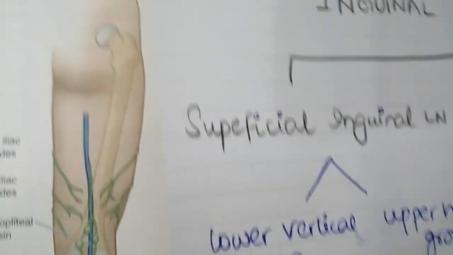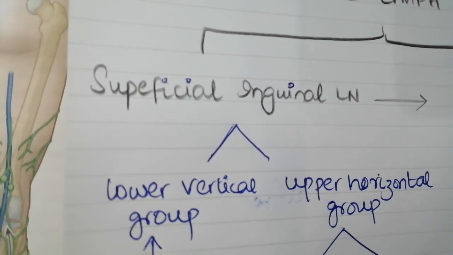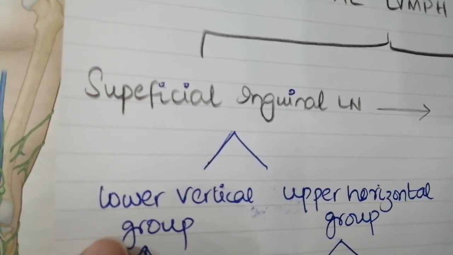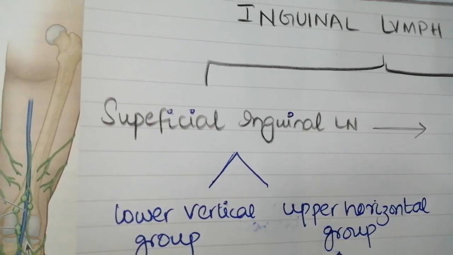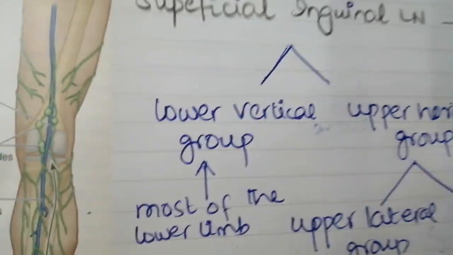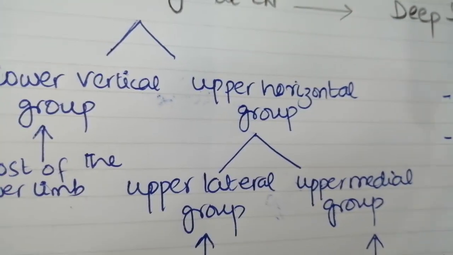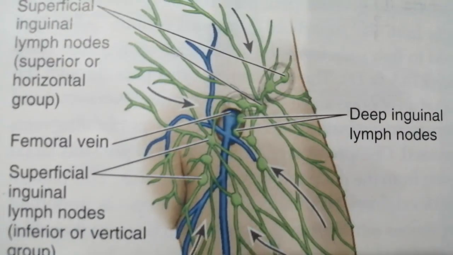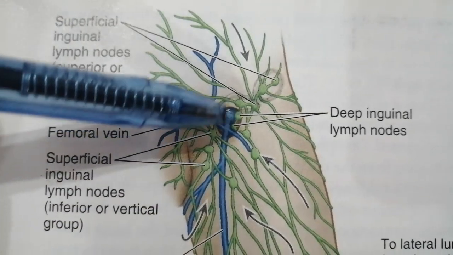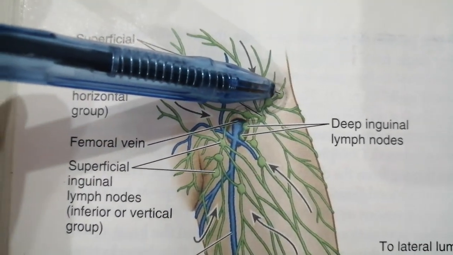So we divide the superficial inguinal group of lymph nodes into two main categories: the lower vertical group and the upper horizontal group. The upper horizontal group is then divided into two: the upper lateral group and the upper medial group. Here you can see that this is the upper medial group and this is the upper lateral group.